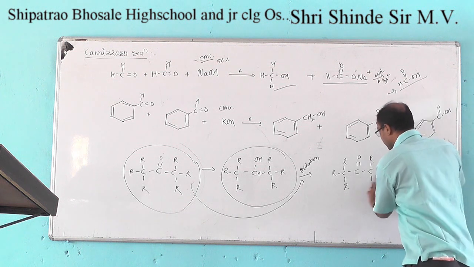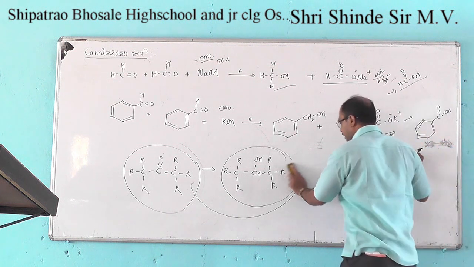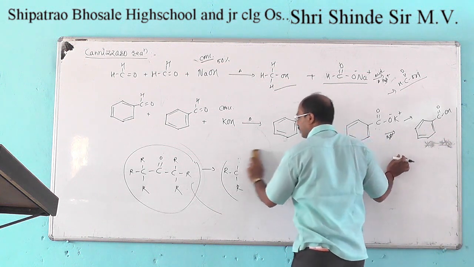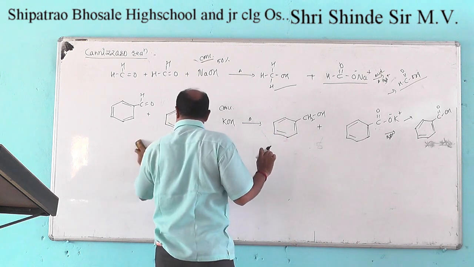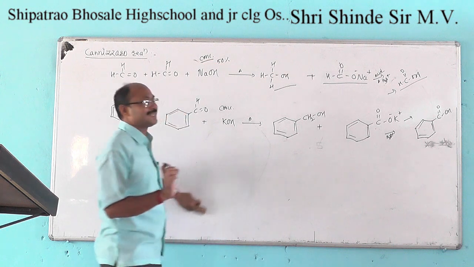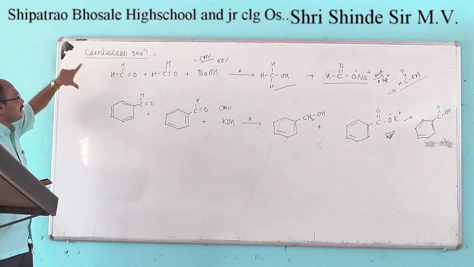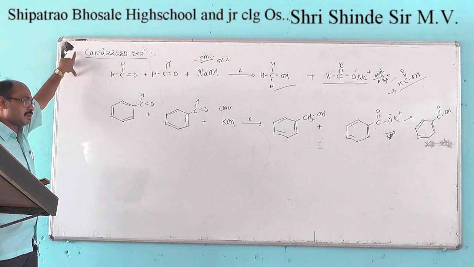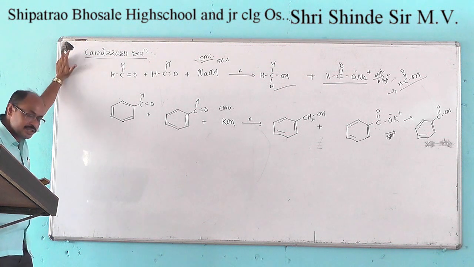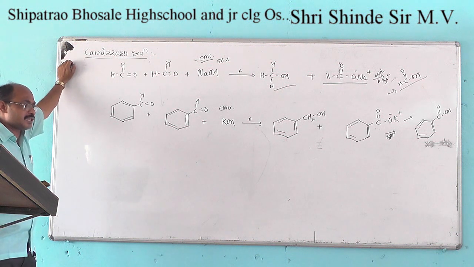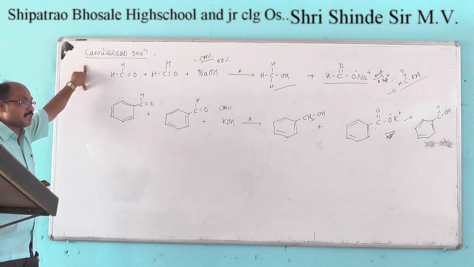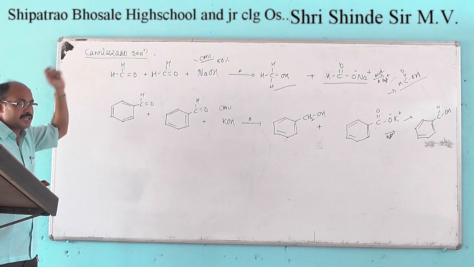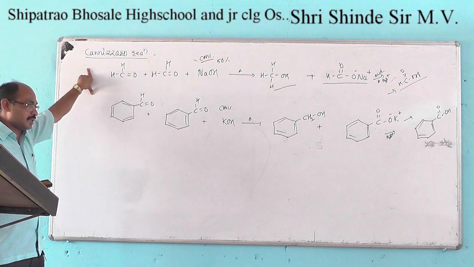So we can say that ketones, even without any alpha hydrogen atom, do not show the formation of the corresponding alcohols or carboxylic acids by the Cannizzaro reaction. It means the Cannizzaro reaction is shown only by aldehydes. This is also a distinguishing reaction of aldehydes from ketones, so aldehydes which have no alpha hydrogen atom can easily be distinguished from ketones.